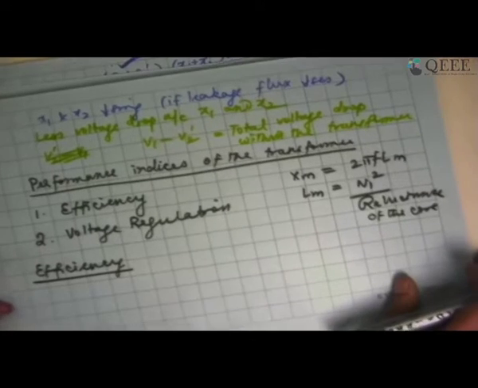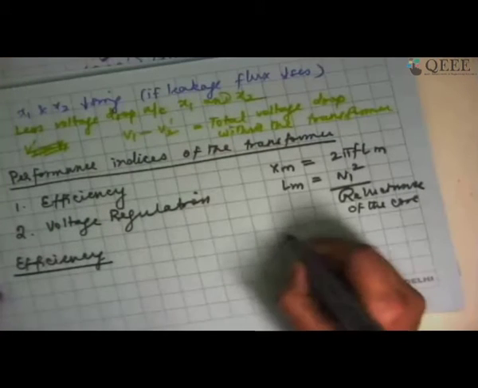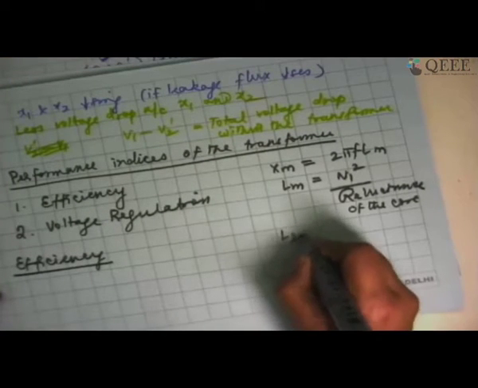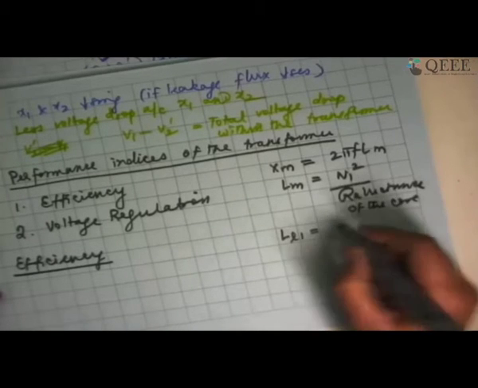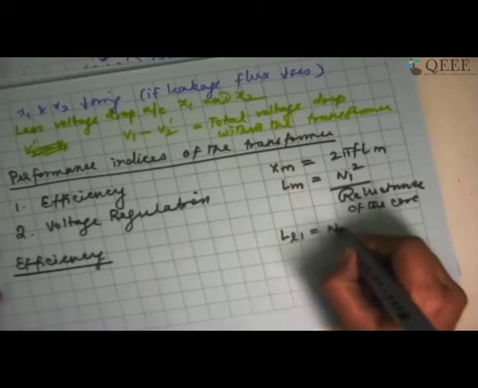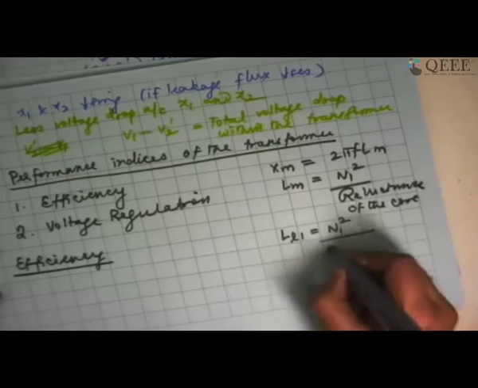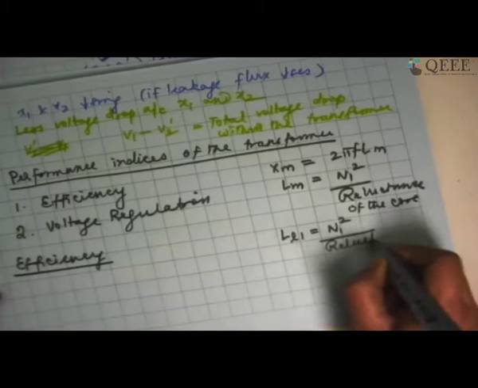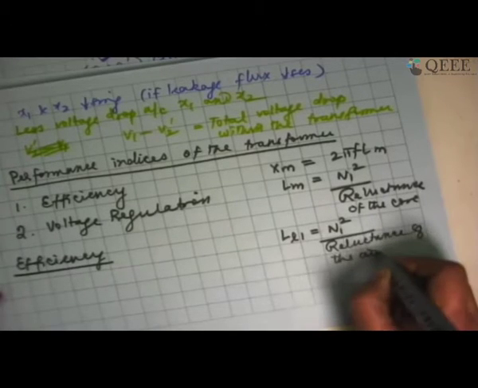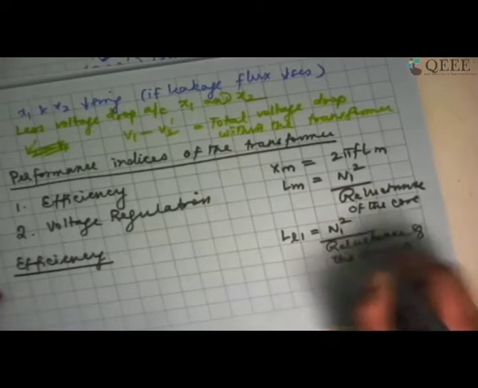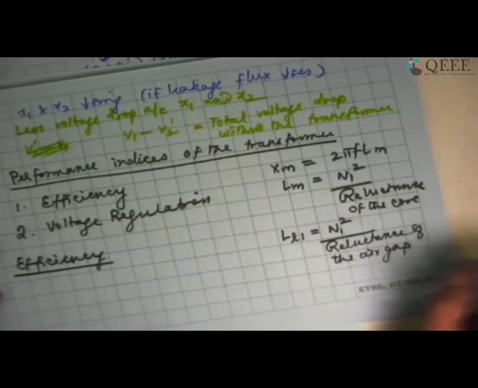And if I look at LL1, which is the leakage inductance of the primary winding, it will be N1 square divided by the reluctance of the air gap.